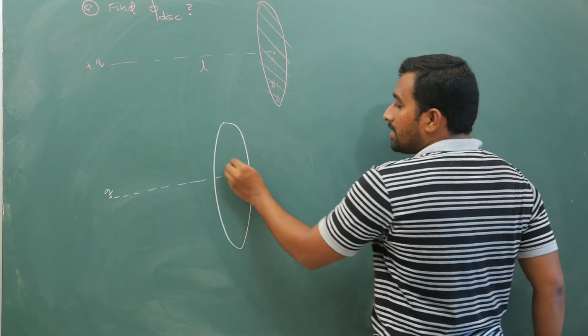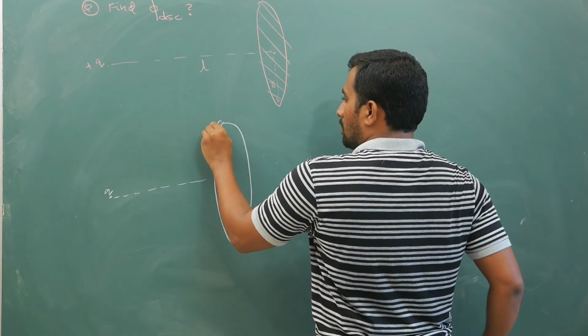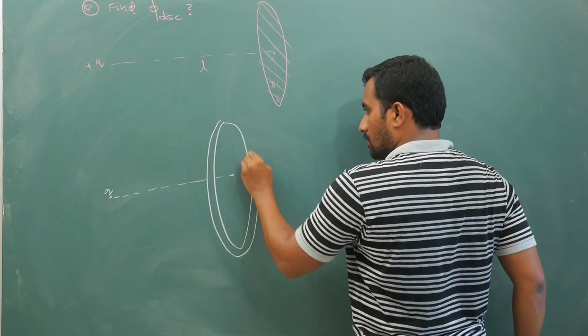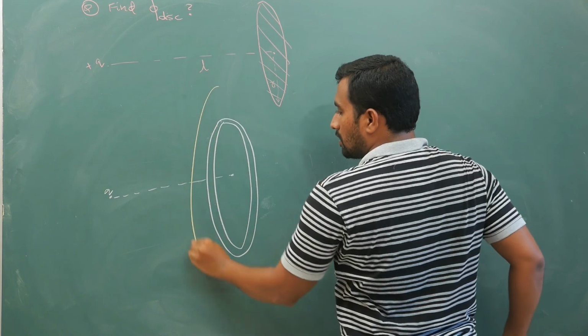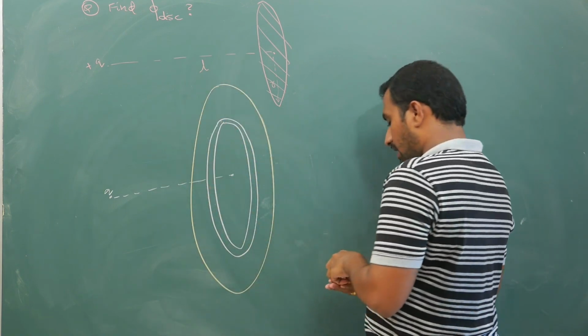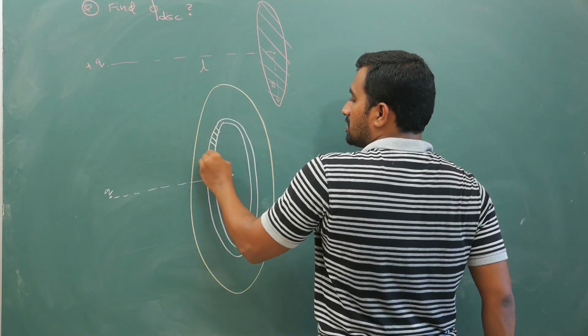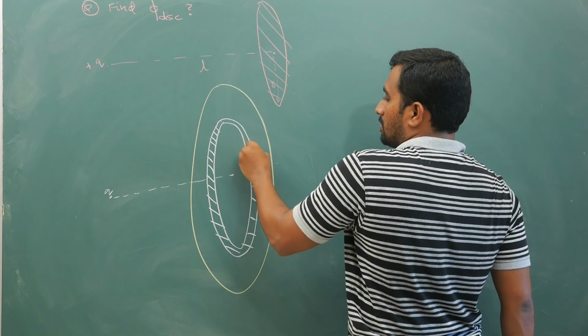So without solid angle, what will you do? You will take a small patch like this. Let us say this is your original disk. Across this small patch, first we will try to calculate our flux.